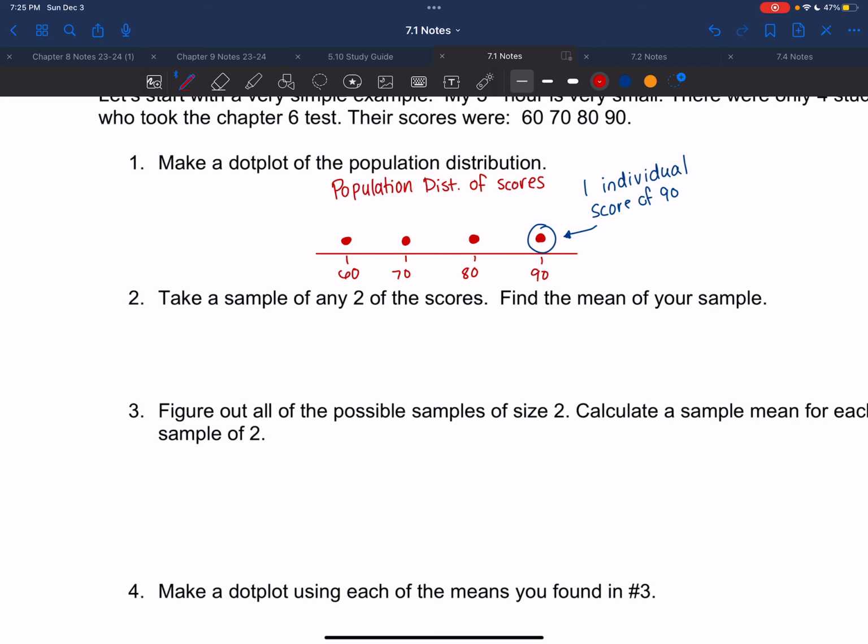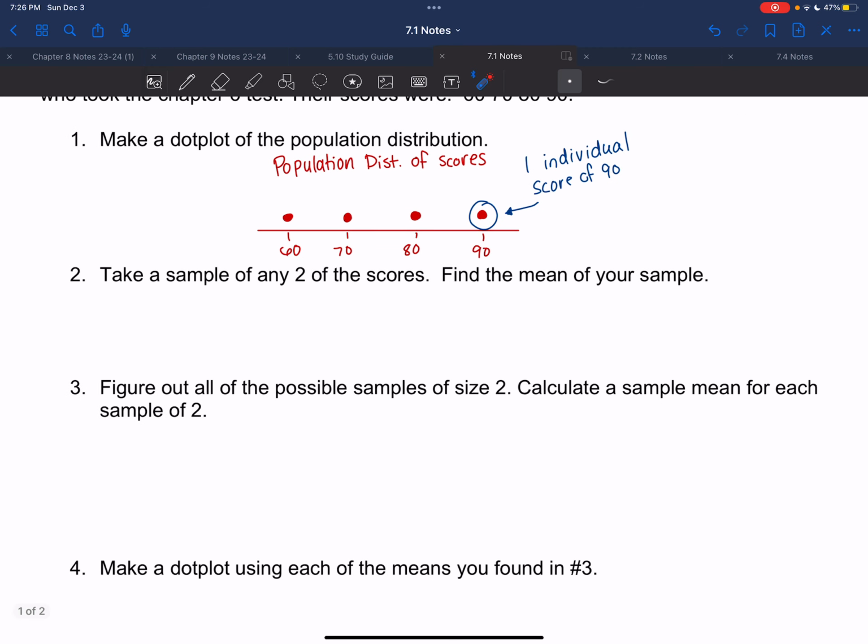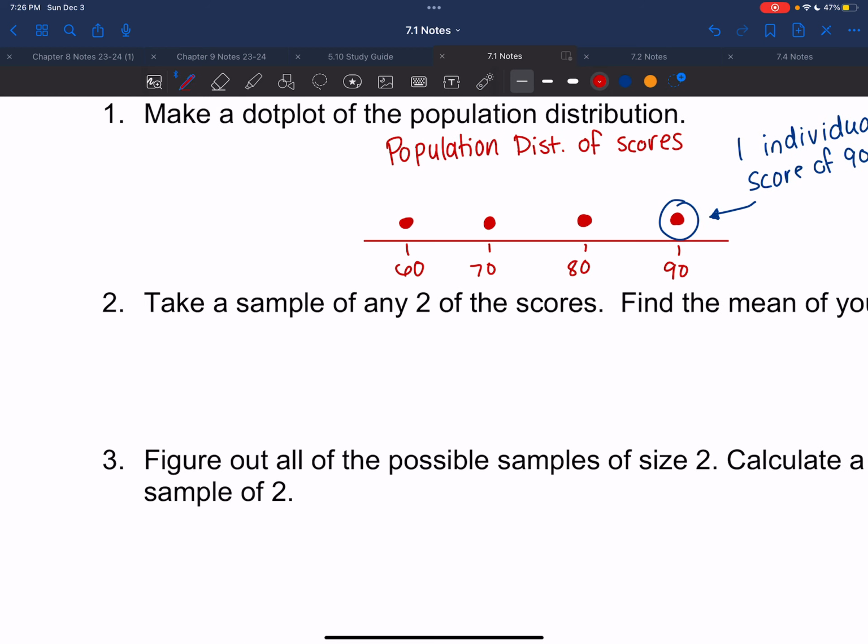In question 2, it says, take a sample of any 2 of the scores. Find the mean of your sample. We've got all the numbers here, 60, 70, 80, and 90. You can use a random number generator on your calculator or any other way you want. Let's say, for example, I take a sample and get the numbers 60 and 70.